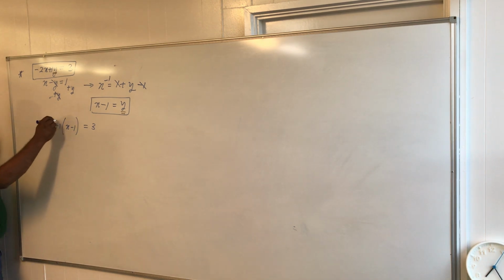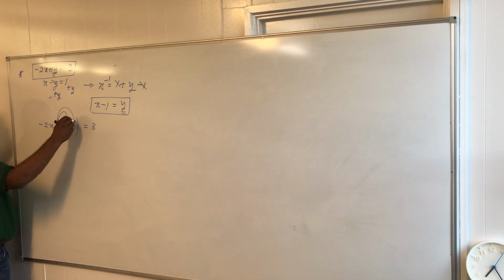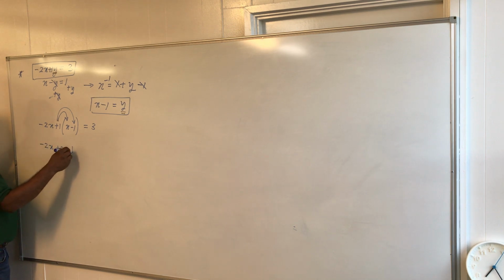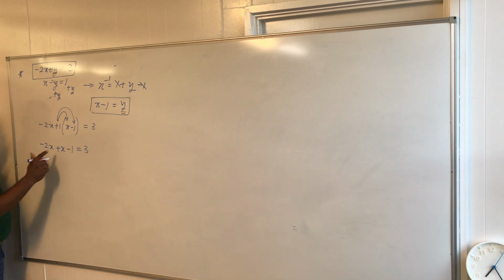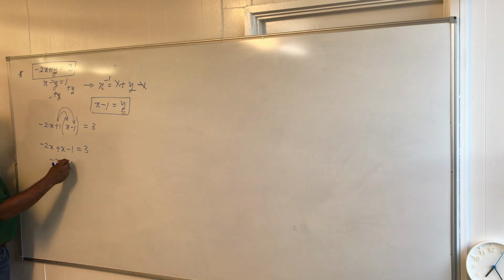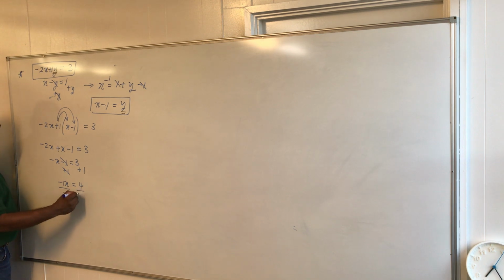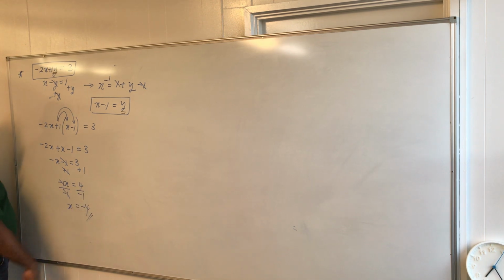So now I can multiply this and that. So it's going to be minus 2x plus x minus 1 is equal to 3. This is going to be minus x minus 1 is equal to 3. So plus 1, plus 1, minus x is equal to, you cancel these two, it's going to be 4. And then you divide by minus 1, x is equal to minus 4.